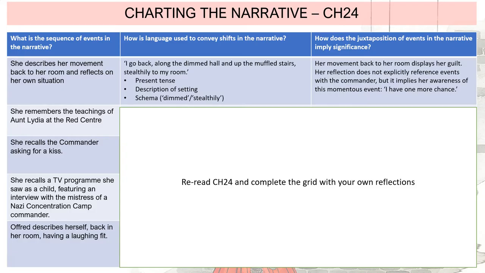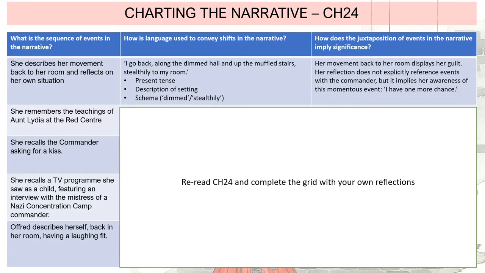house. So we've got the dimmed hall and the muffled stairs, and she is moving stealthily, all of which are indications of how timid she is, and we know that obviously Offred's status in this household is like that of a slave, so we can interpret the reasons for the setting being described the way it is, using our schema.